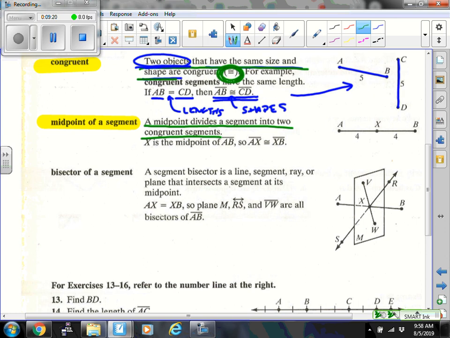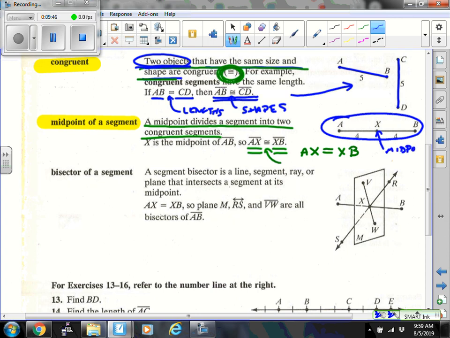X is the midpoint of AB would mean that I've divided it into two congruent segments, or I can also say the length AX equals the length XB. And here again is your illustration. Okay, I have a midpoint. The midpoint is X.